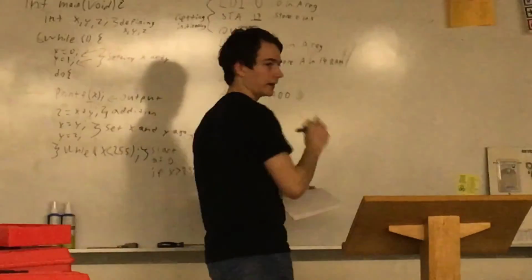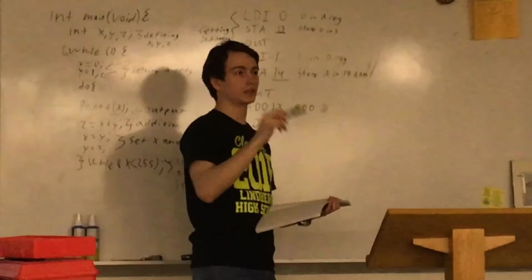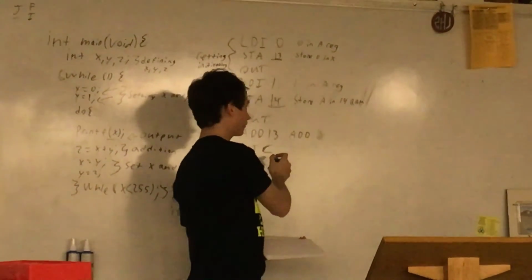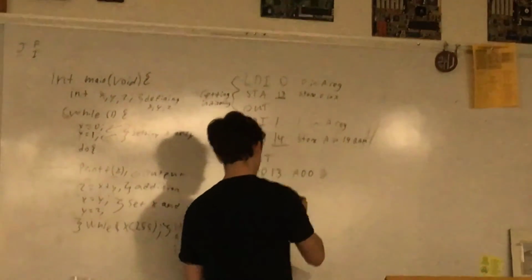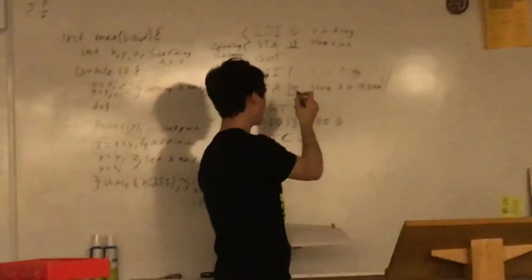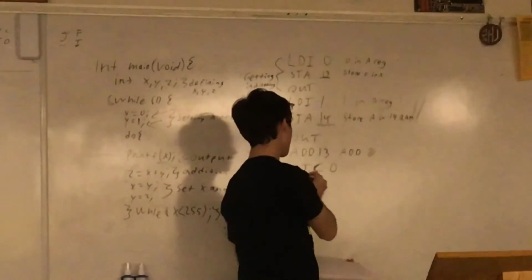Jump carry. And basically, you know how the computer overflows? When it does, it's going to send a signal that it overflowed. This allows it to go back to 0. So we can say jump back to 0. And if it doesn't overflow, it's going to skip past that and keep going. So this is the equivalent of a while loop.